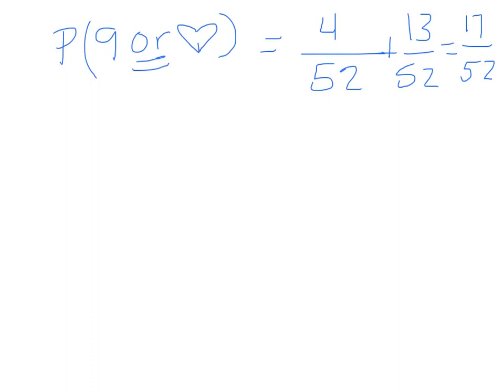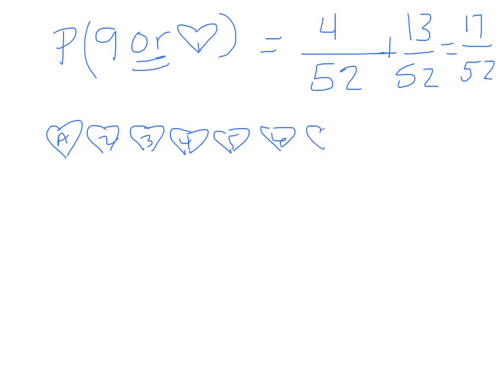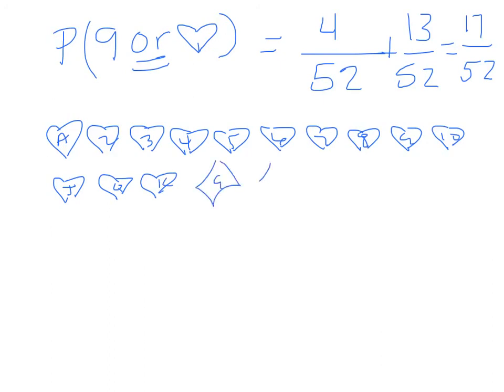However, if I asked you to take a standard deck of cards and pull those all out, you would have had an ace, a 2, a 3, a 4, a 5 of hearts, a 6 of hearts, a 7 of hearts, an 8 of hearts, a 9, a 10, a jack, a queen, a king, and then you would have had the 9 of diamonds, the 9 of clubs, and the 9 of spades.